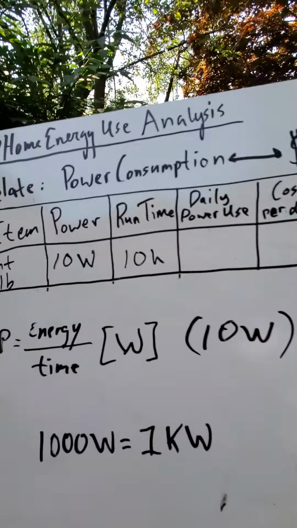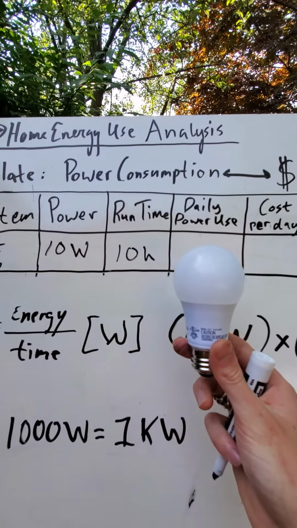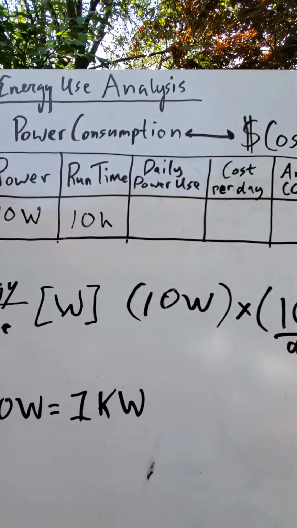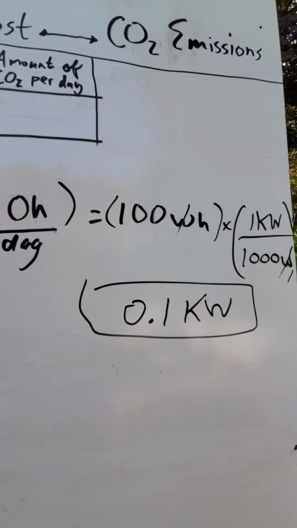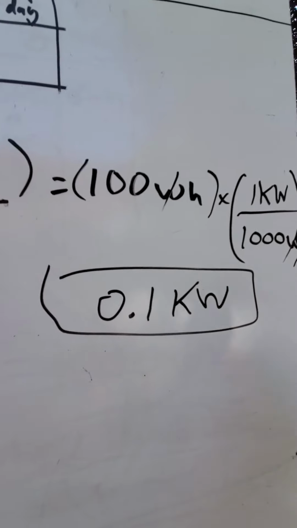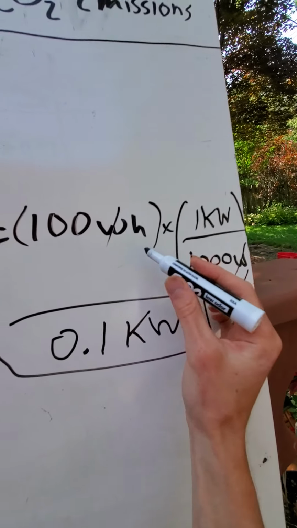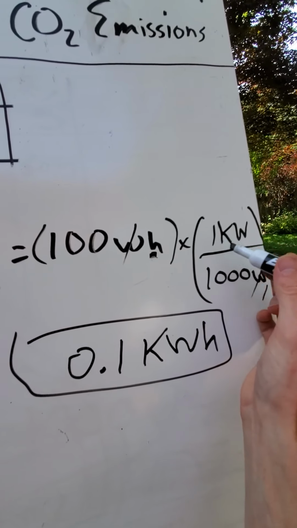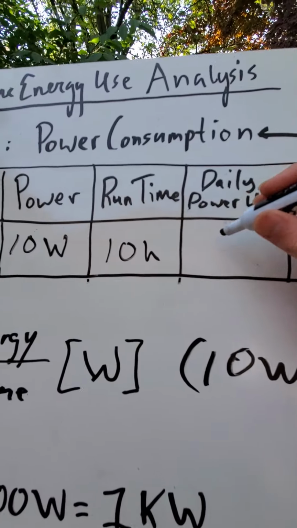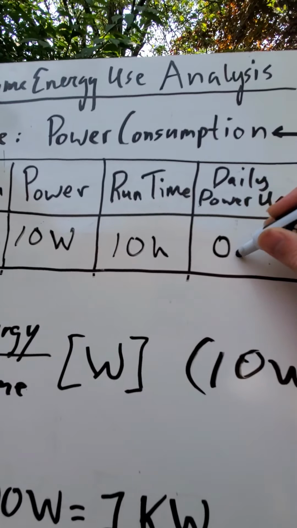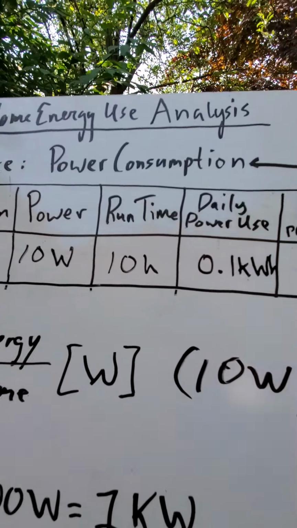So if we take our 10-watt light bulb, run it for 10 hours a day, and we do our little conversion, this bulb is going to use 0.1 kilowatt. Oh, I forgot my hours. Kilowatt hours. You can see that's still there, right? And my kilowatts is still here. We multiply those units together. So our daily power use for our light bulb is going to be 0.1 kilowatt hours.